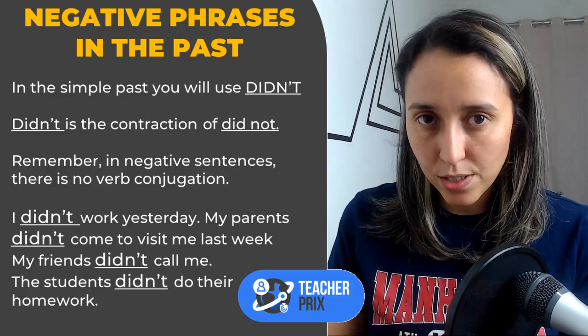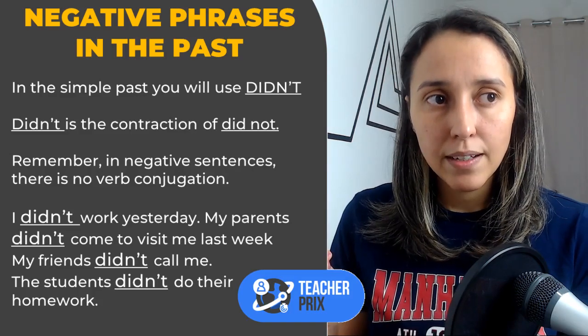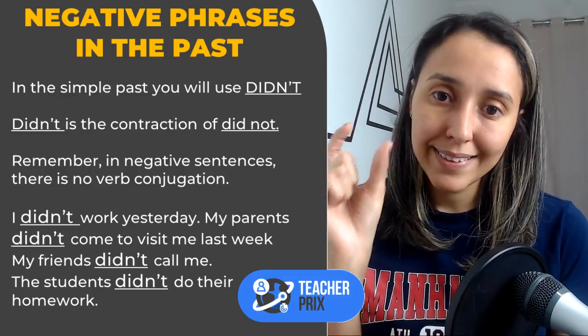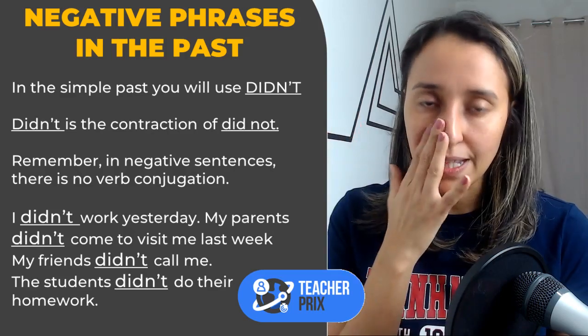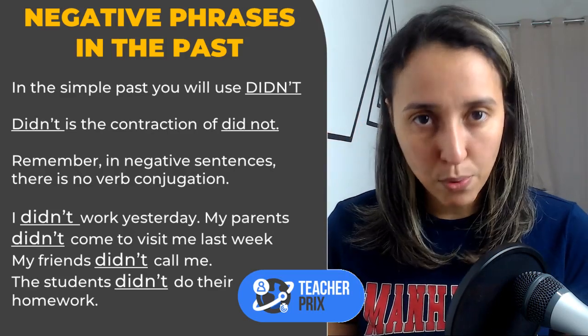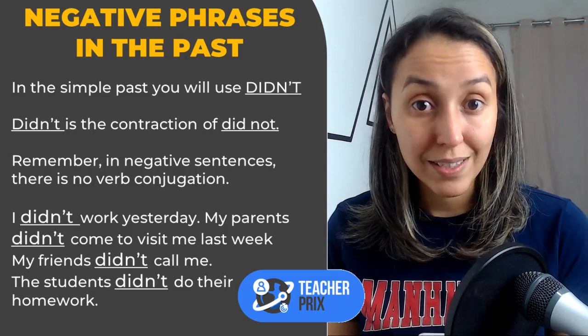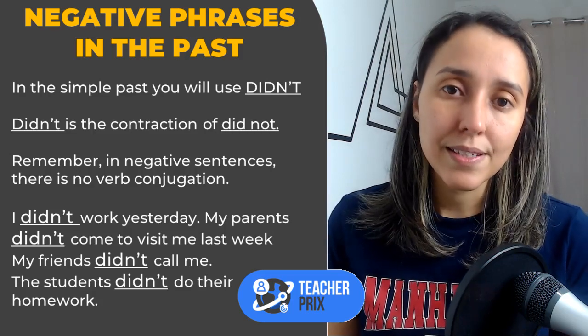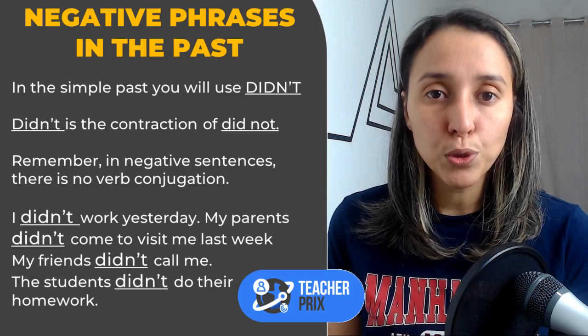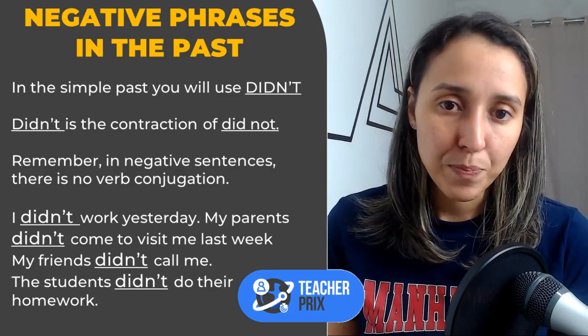And these auxiliary verbs will represent the tense, the time of your sentence. So if your tense is in the present, you will use don't and doesn't. If your tense is in the past, you will use didn't.